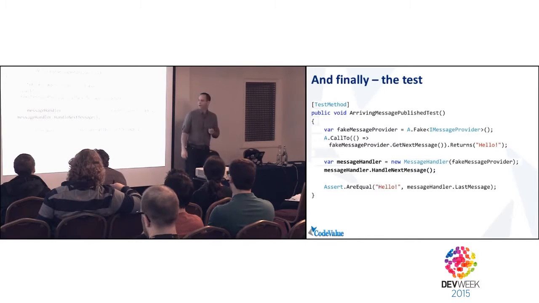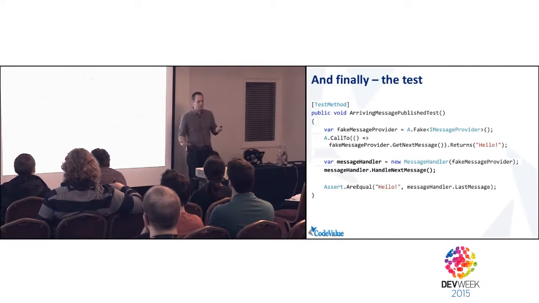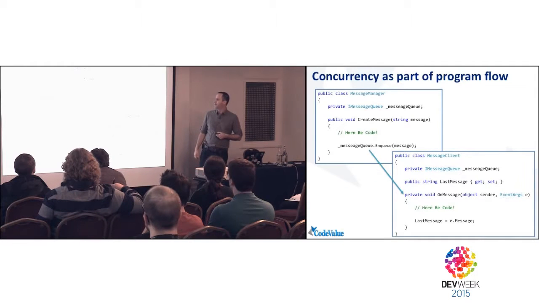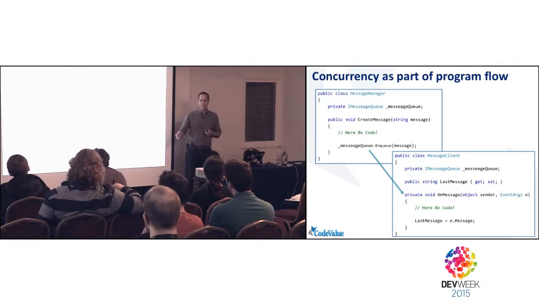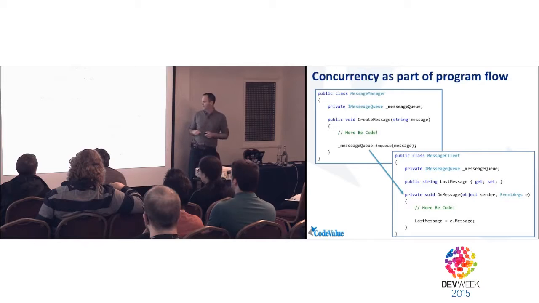There's a similar scenario. In this case, I have a bigger problem. I have one manager that creates a message, does something, and I queue the message inside this queue, and this queue probably has a thread that takes the messages one by one and sends them to the client, and the client does something with it.